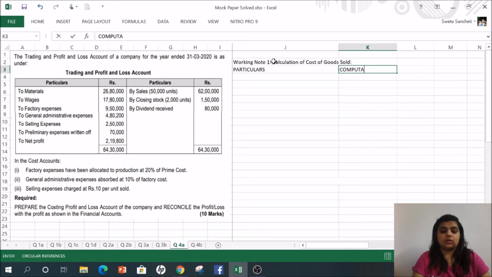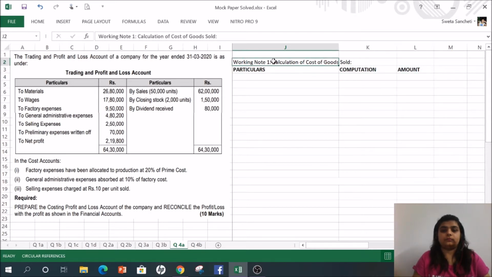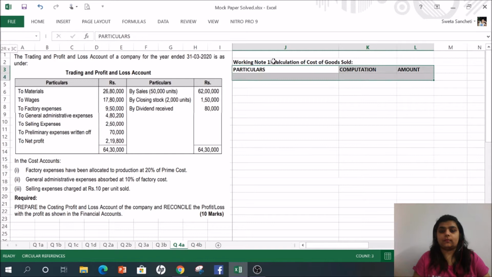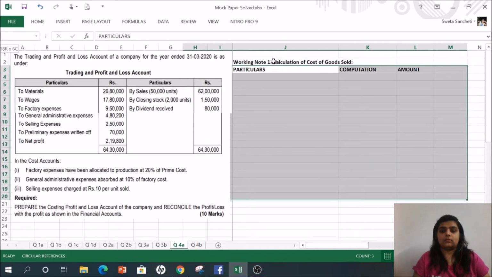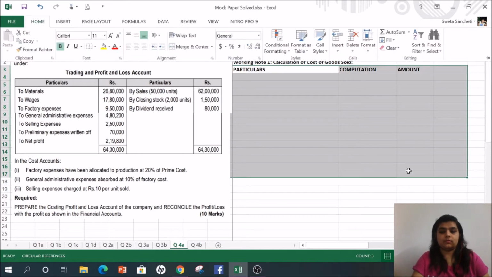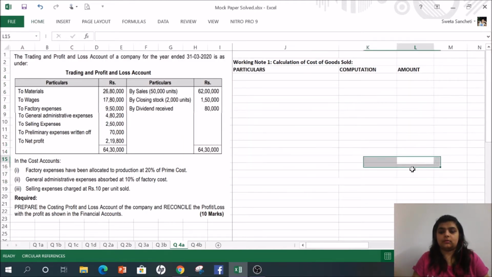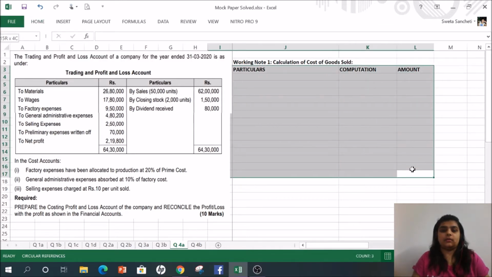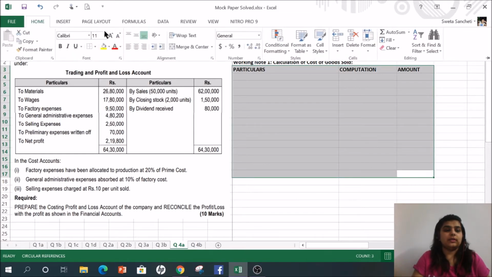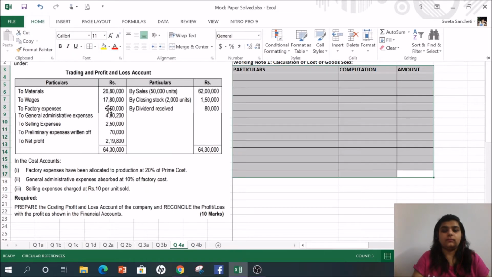Particulars, computation, amount. So we are going to prepare our statement, our cost sheet.